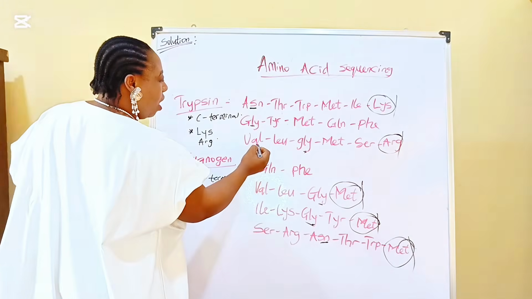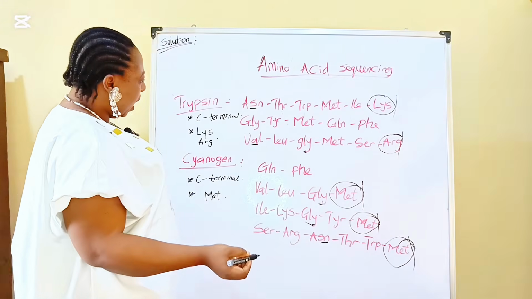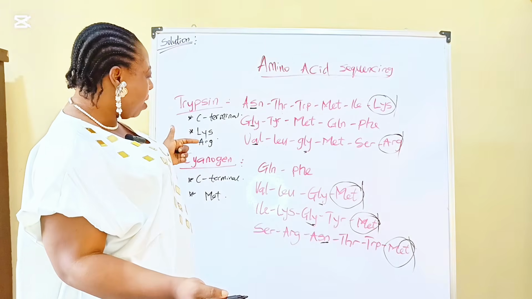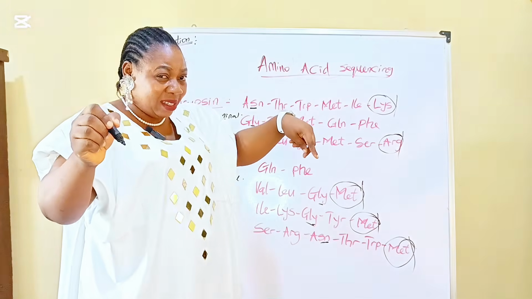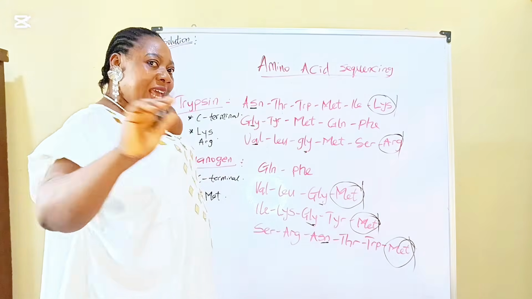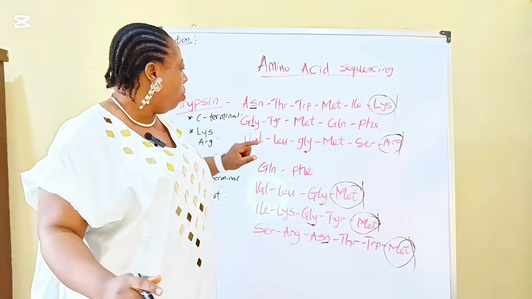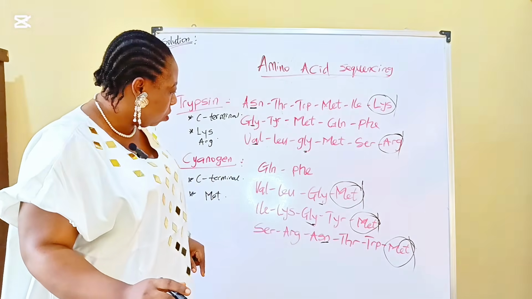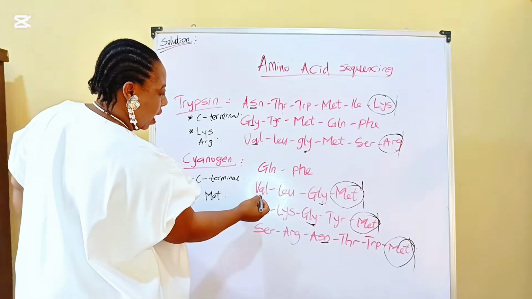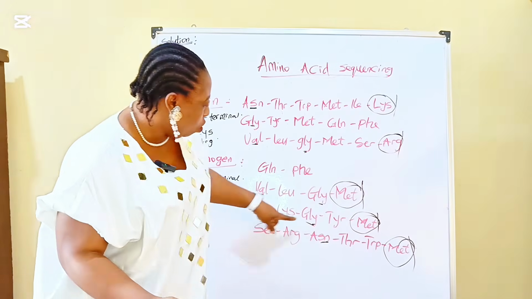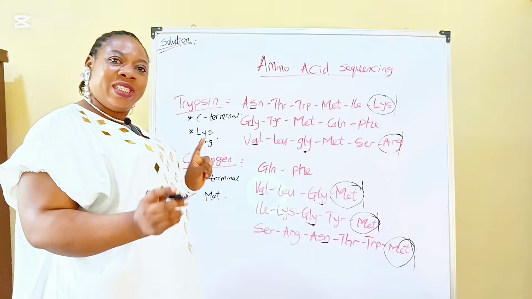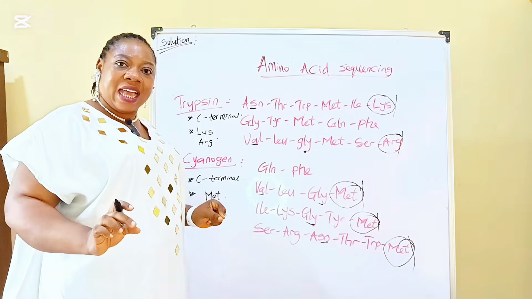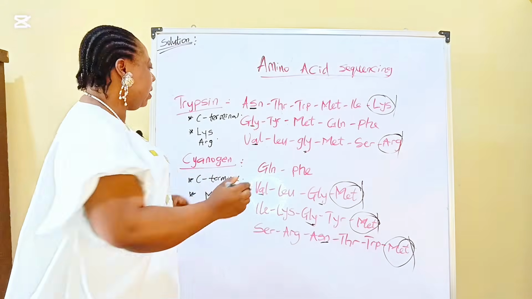Okay, let me start from here. Is there any other place where this amino acid is inside the sequence, not at the edge? No, no. It starts from the edge also here. No, no. So with this, it is safe to say that I can start my amino acid sequence with this.